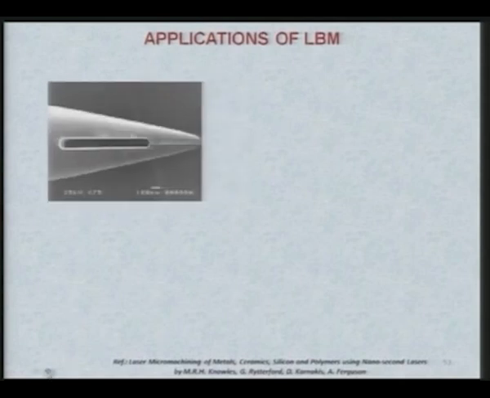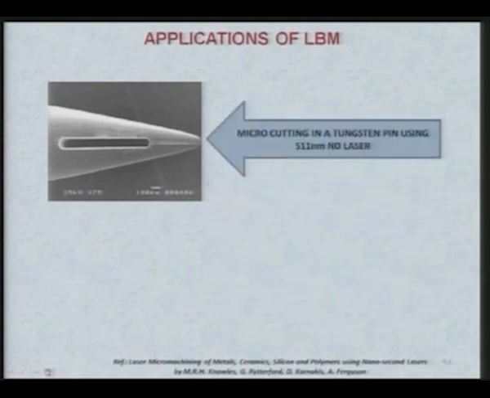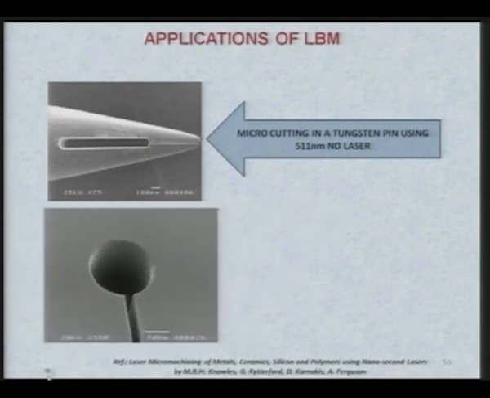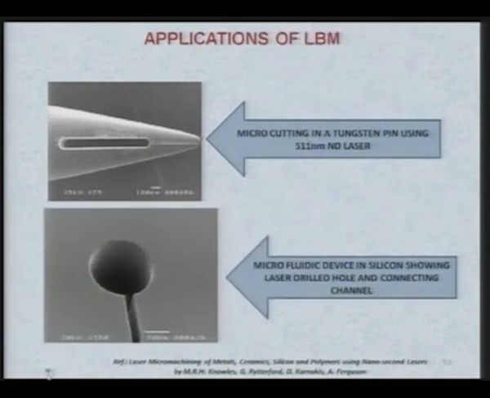Now, let us see very specific applications of laser beam micro machining. You can see here in this figure micro cutting in a tungsten pin using 511 nanometer Nd:YAG laser. This is the micro cutting and it is a tungsten pin. Here you can see the microfluidic device in silicon showing laser drilled hole and connecting channel.